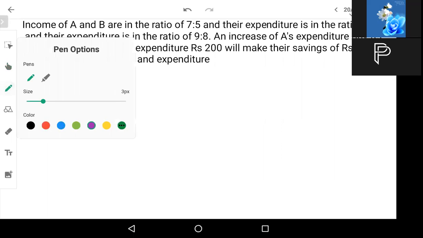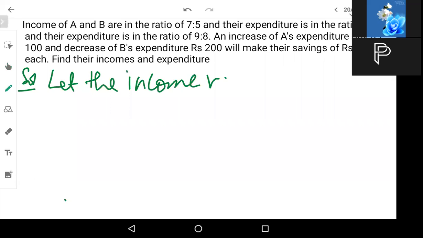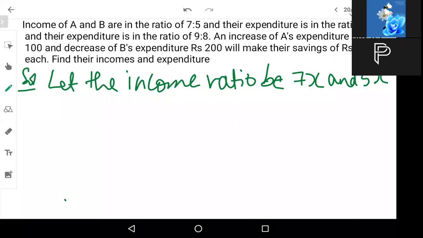Okay, so let the income, see, first they have given us income ratio, so we will define the income ratio. Let the income ratio be 7 is to 5, so 7x and 5x, the income ratio, is being represented in this format. And then expenditure ratio is given.